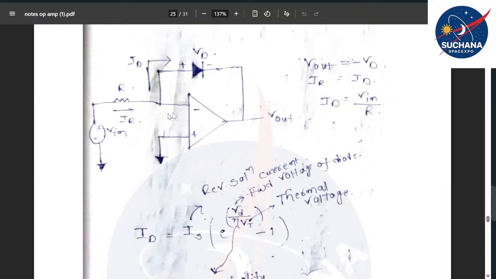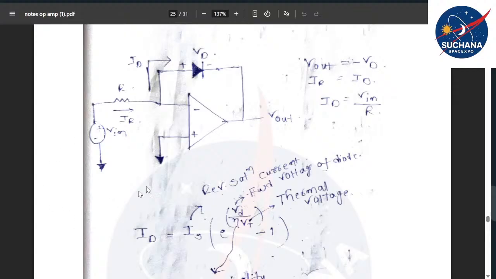Similarly here also, the current flowing through the diode is equal to the current flowing through the resistor: IR = ID. For calculating IC, we derived an expression from Q = CV by differentiating, dQ/dt, which is nothing but IC. Similarly here, unless we know the formula for the current flowing through the diode, you cannot derive the expression.